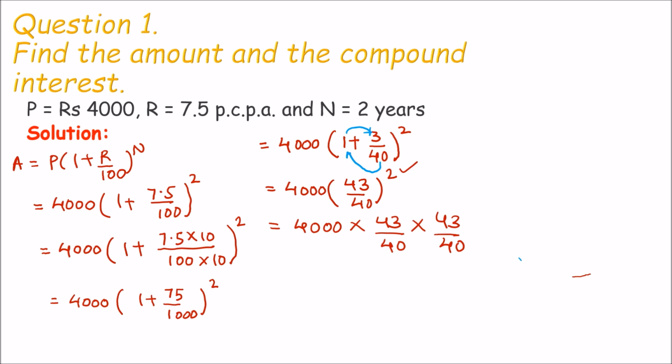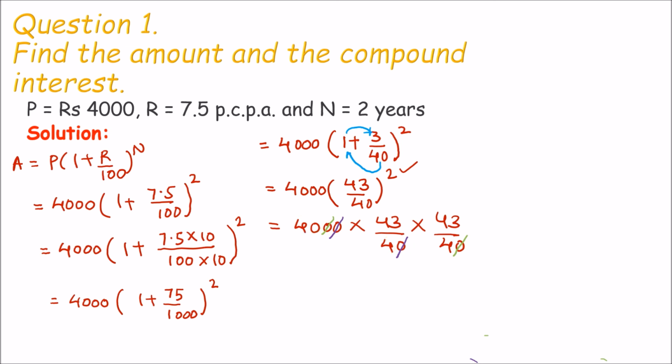Now we'll go for the cancellation. You can cancel one 0 of this 40 and one 0 of this 4000. Similarly, you can cancel one 0 of this 40 and one 0 of this 400. Now we can cancel this 40 and this 4. Both come in the table of 4.